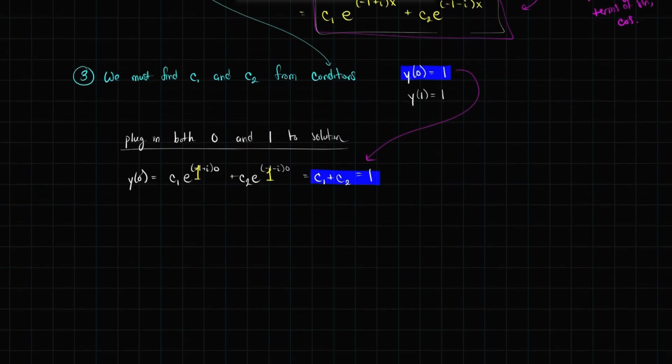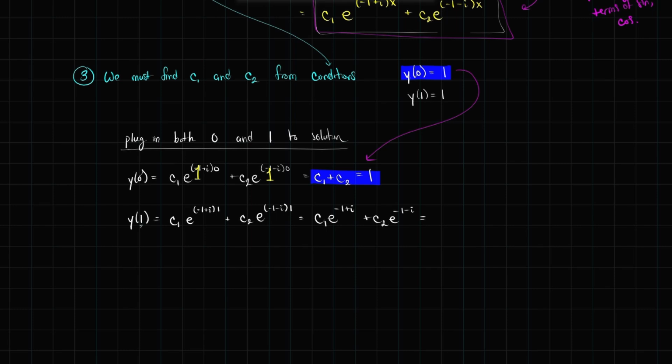The second condition is going to give me a second relationship. So let's go ahead and plug in 1. I have C1 e to the negative 1 plus i, I'm plugging in 1 for x because of the 1 there, plus C2 e to the negative 1 minus i.